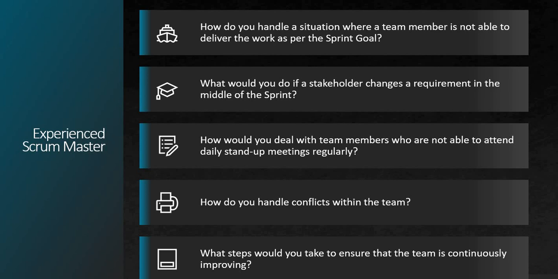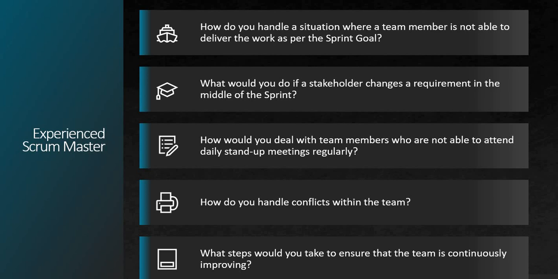What steps would you take to ensure that the team is continuously improving? As a Scrum Master, I would facilitate regular sprint retrospectives to gather feedback from the team on what worked well and what could be improved. I would also encourage the team to take ownership of their own learning and development by providing opportunities for training and coaching.